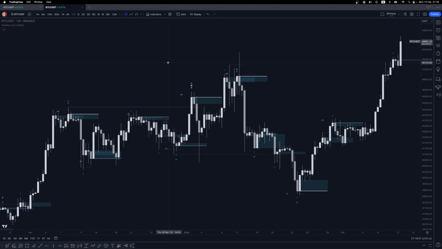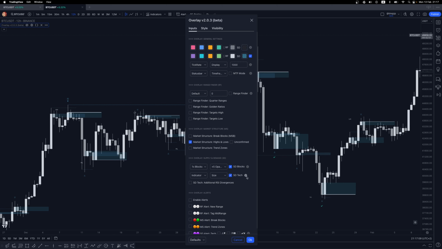Let me go over what they mean now. Before I do that, let's check the info box. So it says SFP and deviation settings, right? It's also S and D, the initials, SFP and deviation, right? SD. Displays swing failure and RSI divergence signals based on SD block technology.